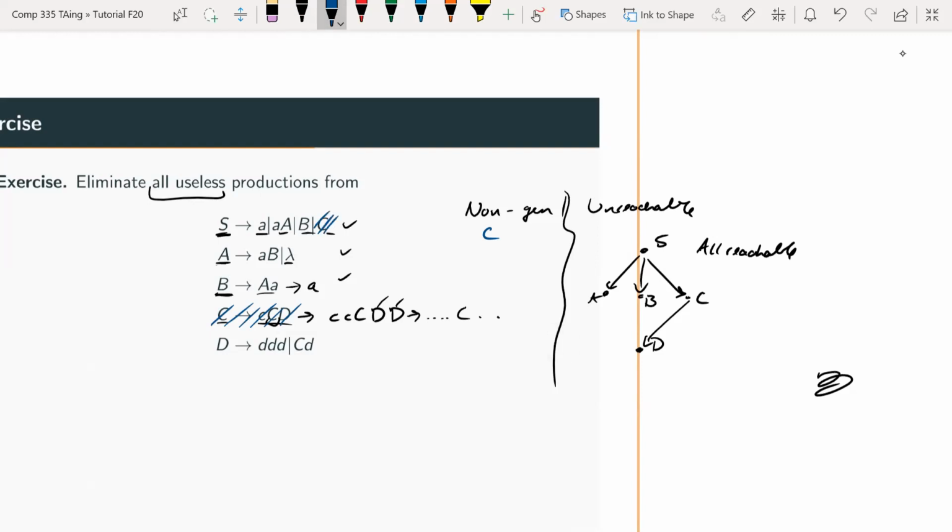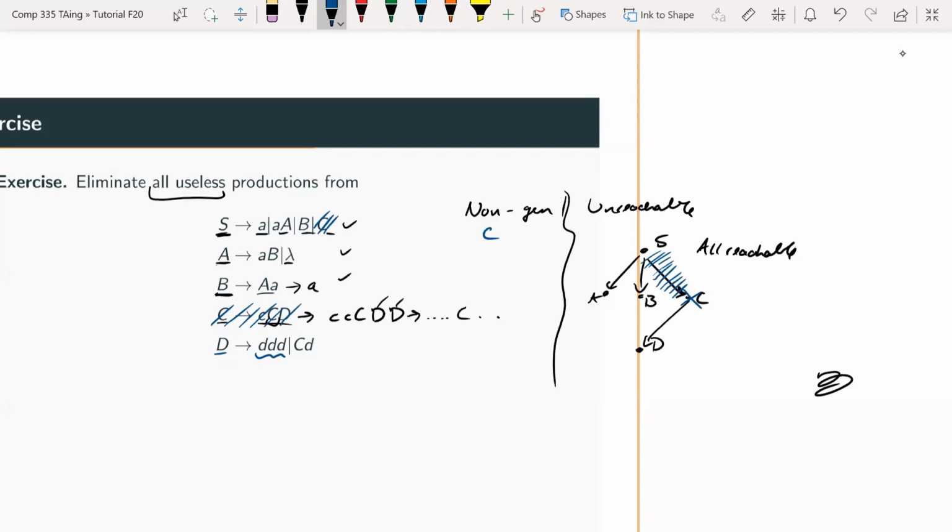And as someone pointed out, D, well, in fact, D is actually generating, right? Because D can give you this string of terminals. However, once you delete C, then you delete this edge.